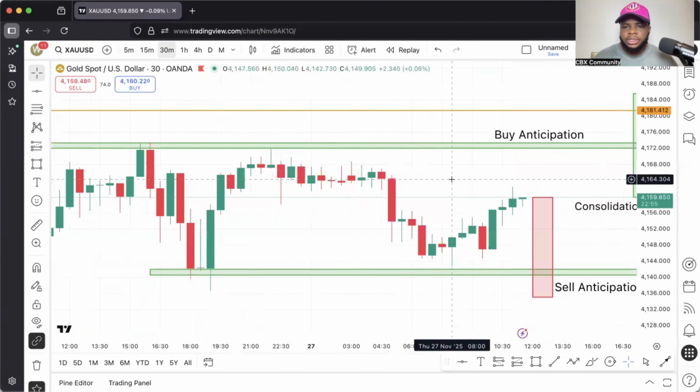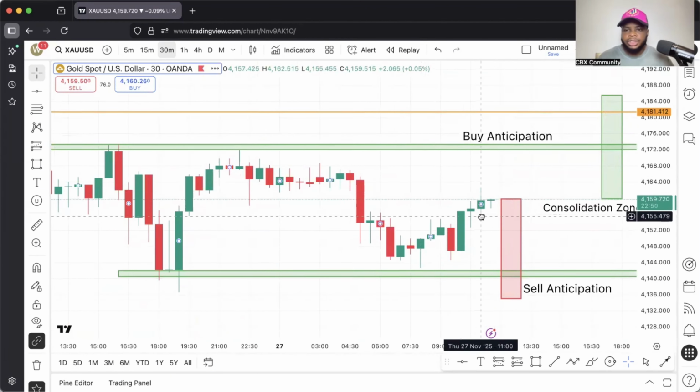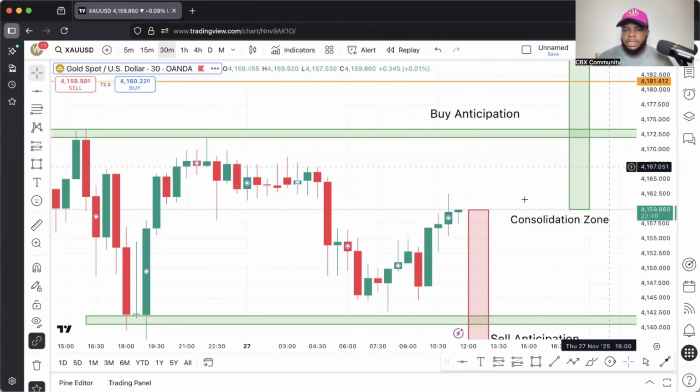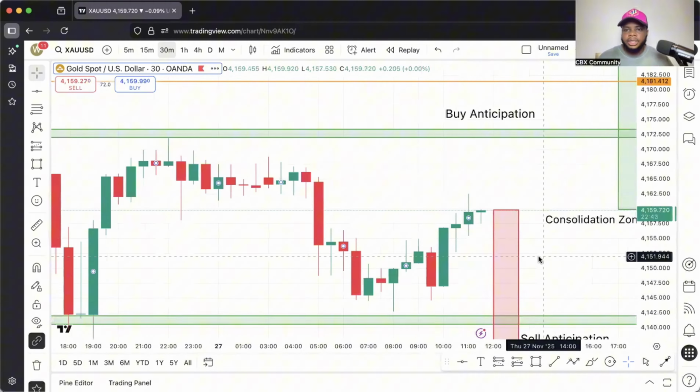So this 30 minutes candle has created a lower wick and it respected the low of this bullish candle over here. The candle has 22 minutes left before it closes. So let's see what the candle wants to do.